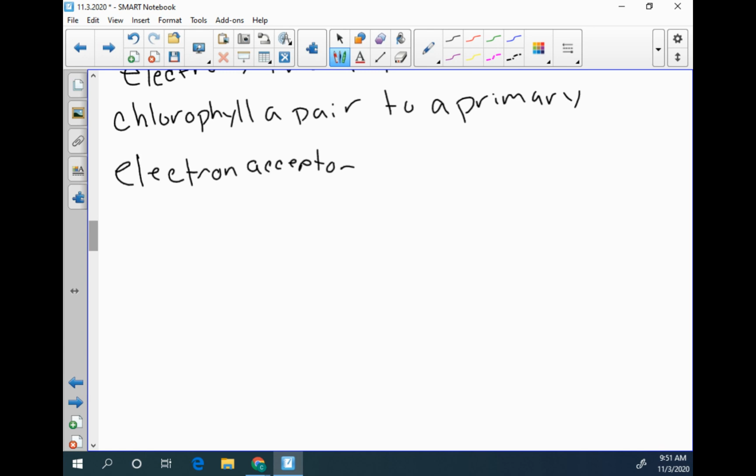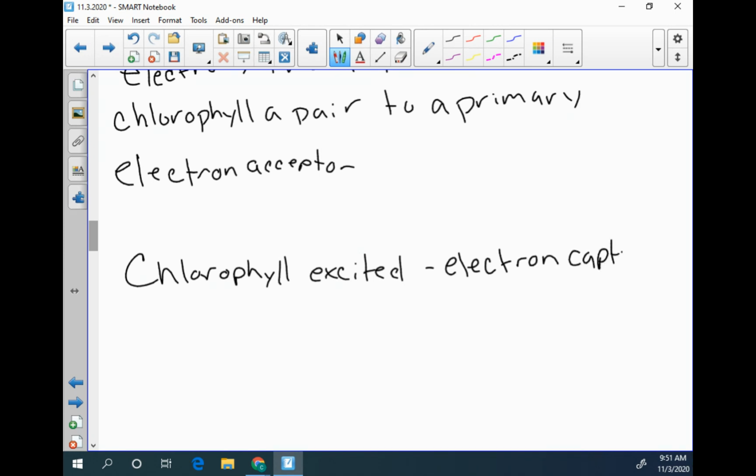So when chlorophyll is excited and that electron is captured by the acceptor, that is a redox reaction.